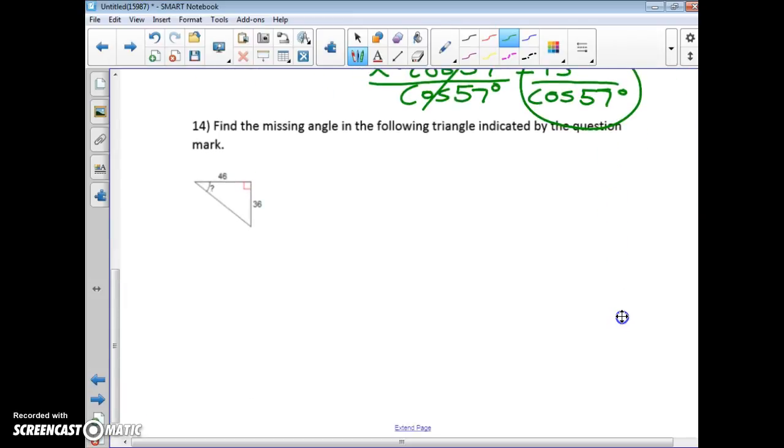Number 14, find the missing angle in the following triangle indicated by the question mark. So if that's going to be my reference angle, again, I can't say 180 minus 90 minus, I don't know. It's too much missing. So I'm going to have to try, yet again, inverse trig in this problem.